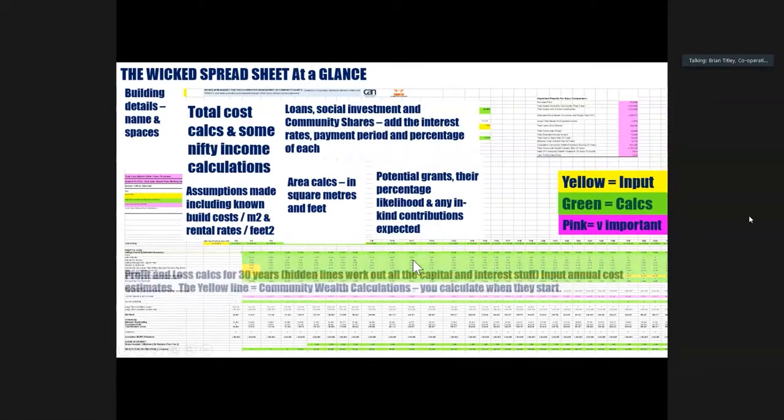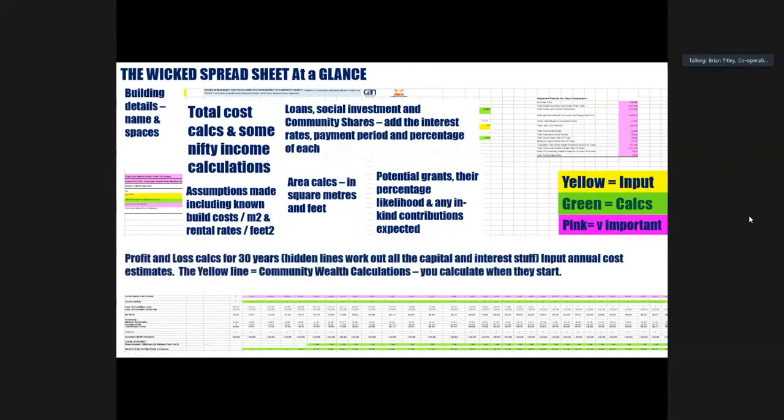And then it comes down here. We've got the profit and loss calculation for 30 years. And there are hidden rows in there which you can access. Nothing's really hidden. And the yellow line is the community wealth calculations, and that's an important line.